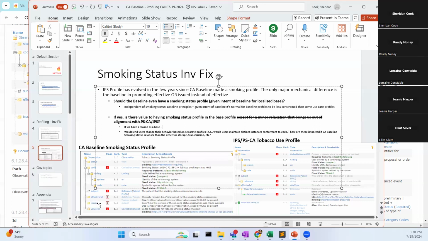So that's where I'm going to apply my mapping, and that field in the EMR is going to populate issued. When that EMR participates in patient summary, or has its data used downstream for patient summary, if they are using issued because they looked at the baseline and not a more rigid version of a profile on smoking status, there's a chance that it necessitates a transform to be in place, which I don't think is what we want.